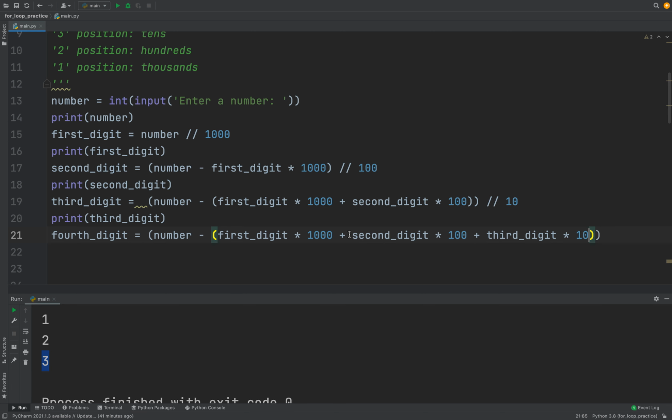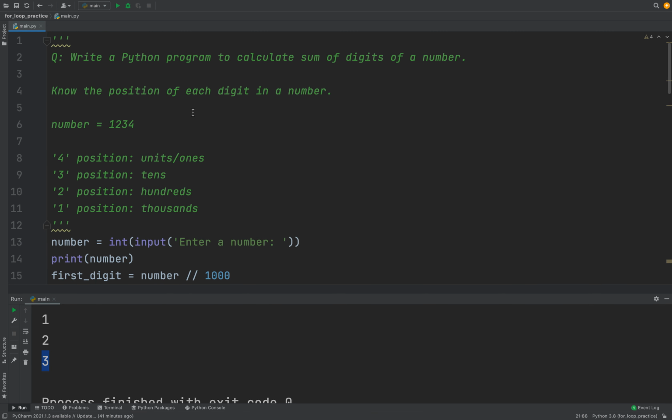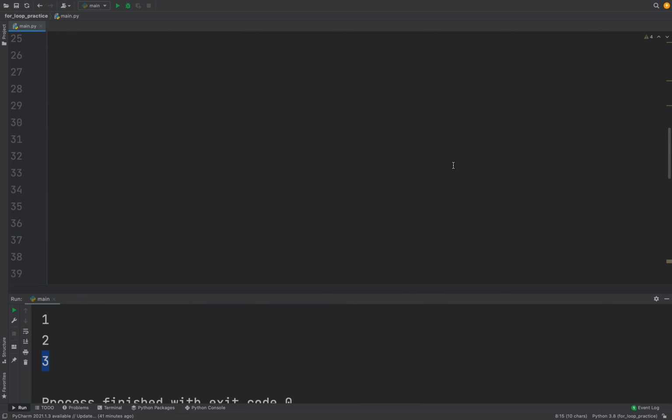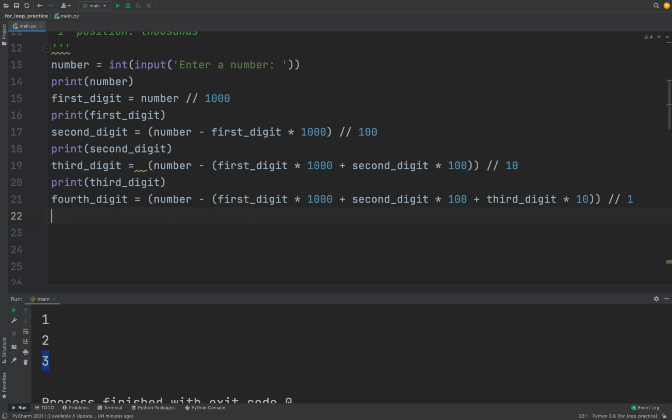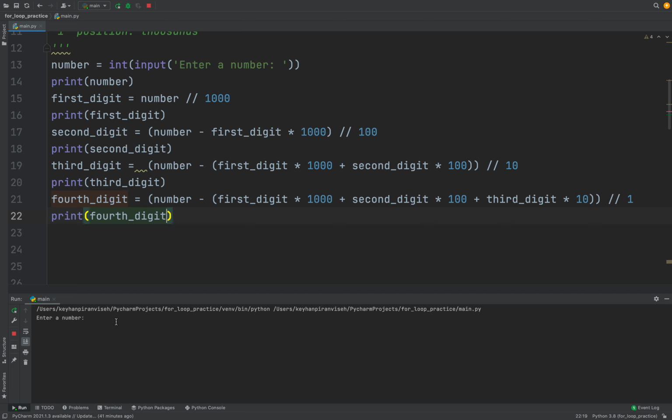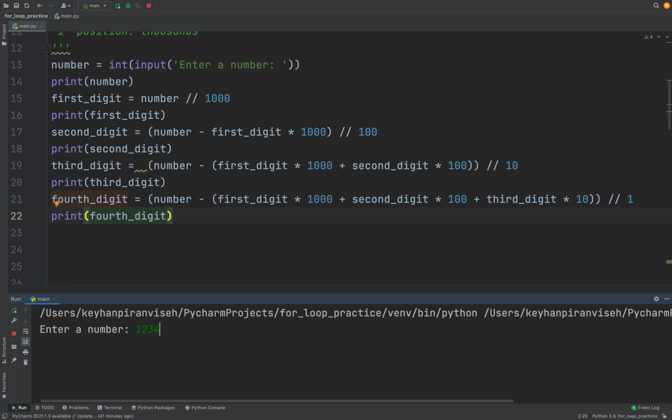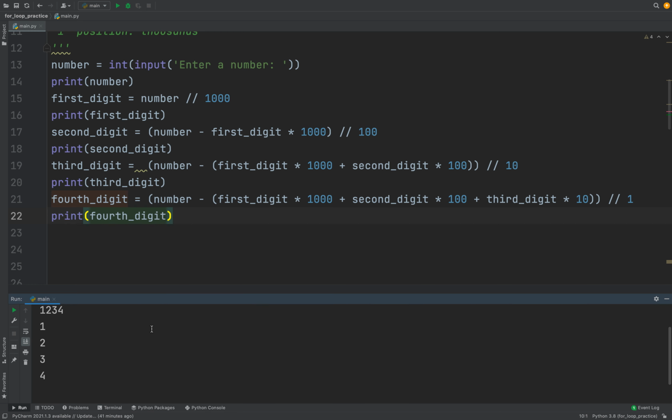If we subtract the whole thing from number, it gives us 4. Because 4 is located at the units or ones position, I'm going to just divide it by 1. And now you can print fourth digit. Let's run it again. 1234. And there you go.